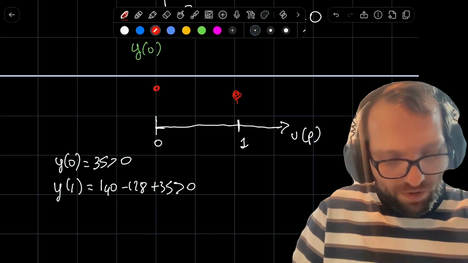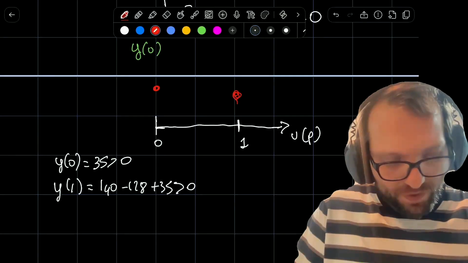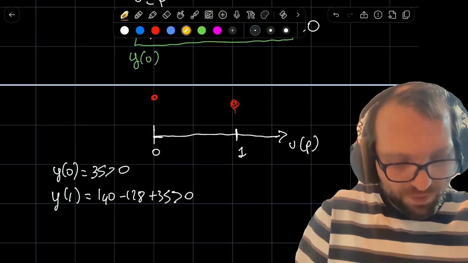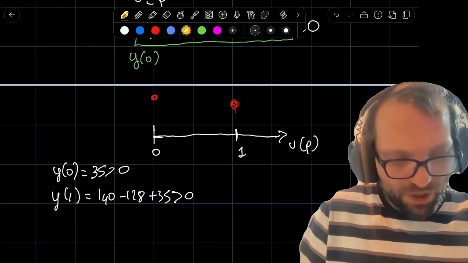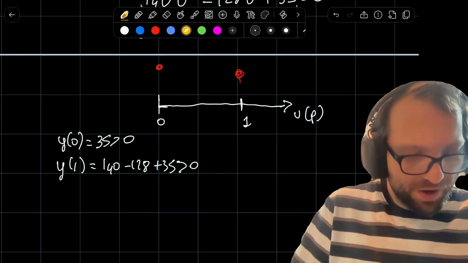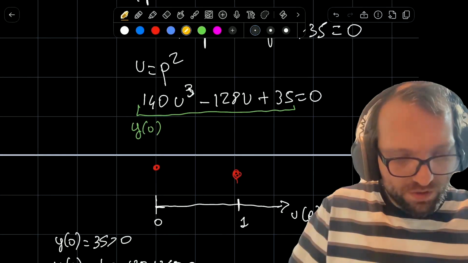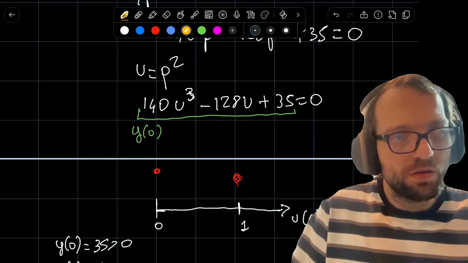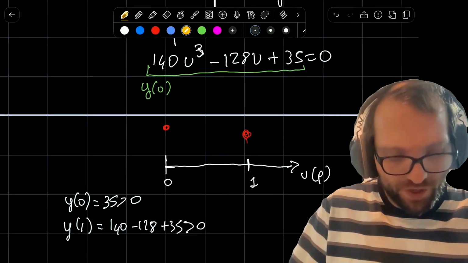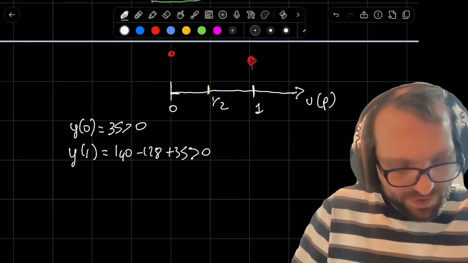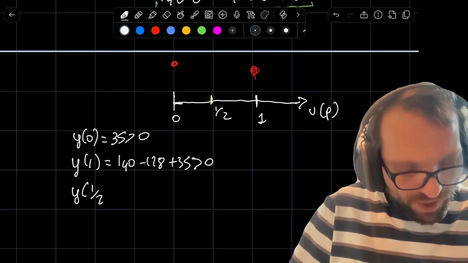Now, to check whether this equation has any solutions, we need to see whether there is a point in which the cubic is below 0. We tried 0, we tried 1. Let's try in the half. So for example, let's try 1/2. What happens in 1/2?